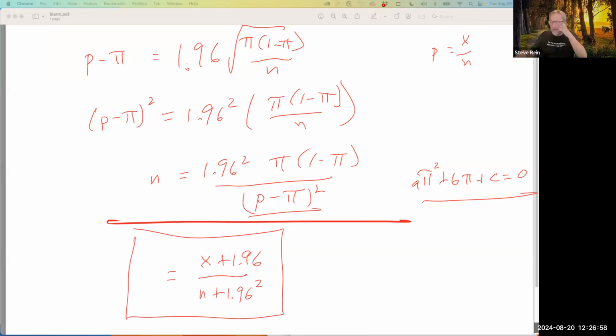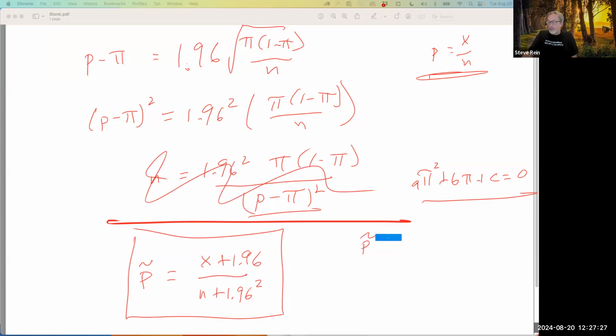I mistakenly said that. So if we plug in x over n for p, we can simplify back down to p tilde. I could write it as x plus 1.96 squared over n plus 1.96 squared. I'm going to call that p tilde. That's another estimator.